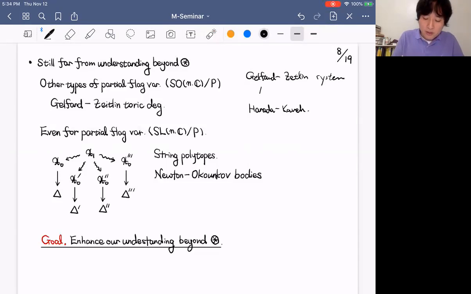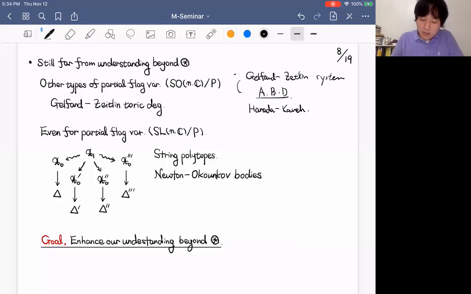That works for type A, B, D partial flag varieties, not for the other types. That one has the advantage of being so explicit: we can see what happens at the boundary. When we get the fiber, they are something like small-sized Grassmannian manifolds, and we can explicitly say what they are.